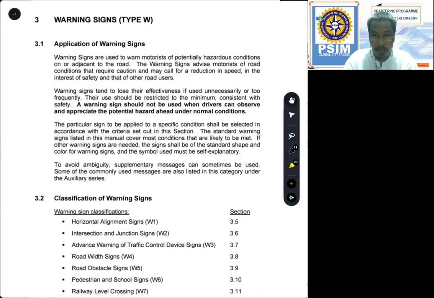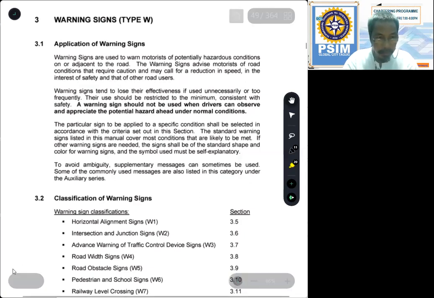So it must not be used because the drivers are actually able to understand the hazard that lies ahead. The particular sign to be applied to a specific condition shall be selected in accordance with the criteria set out in this module. Okay? To avoid ambiguity, supplementary messages can sometimes be used. Some of the commonly used messages are also listed in this category under the auxiliary series.